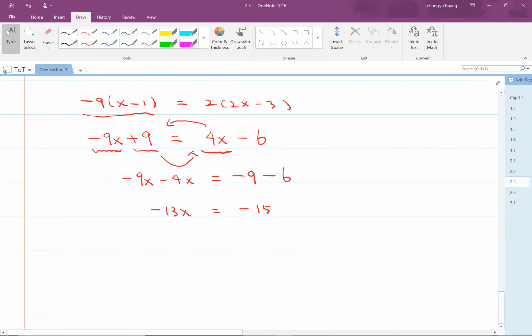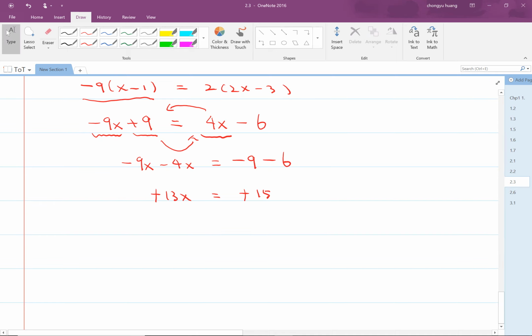Since both sides are negative, we have a negative 13x on the left and negative 15 on the right. Negative and negative become positive, and then x is simply 15 over 13.